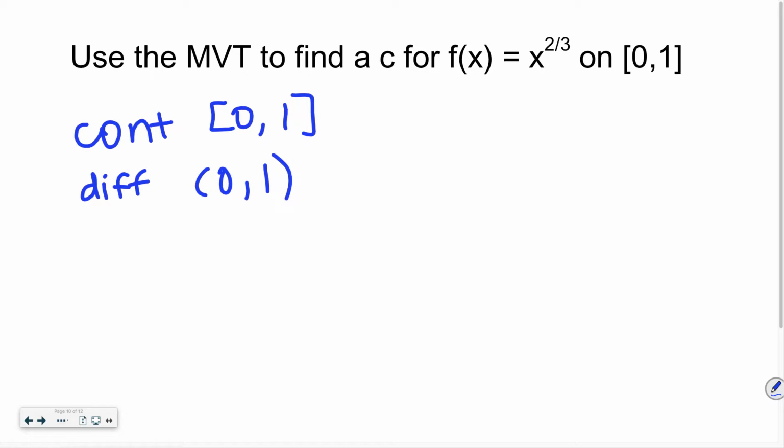x to the 2/3, is it continuous from 0 to 1? There aren't any asymptotes or holes because it's not rational, okay? And it's not a piecewise function, so we don't have to worry about that. So it's continuous. The differentiability, I'm curious about. Makes me nervous because of that fractional power. What is the derivative?